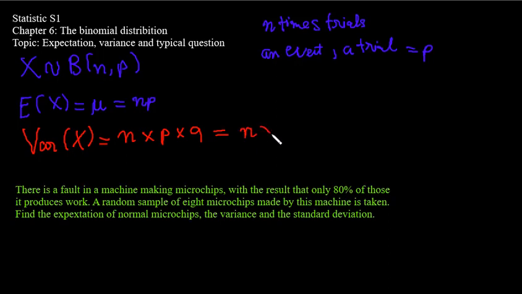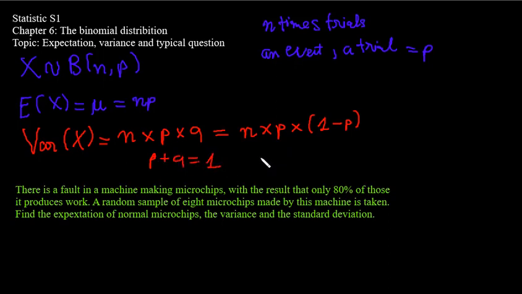It's n multiplied by p multiplied by 1 minus p, because p and q add up to 1. We all know that p and q are two possible outcomes for a trial, so the sum of the probabilities is always 1. So p plus q is equal to 1.